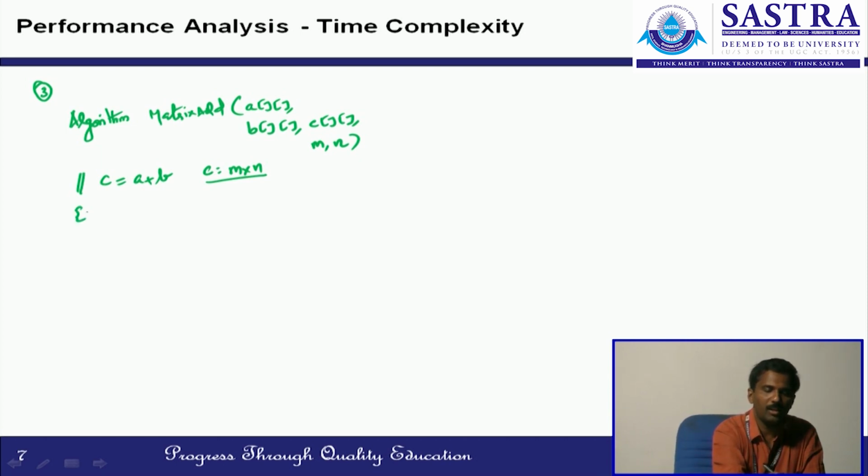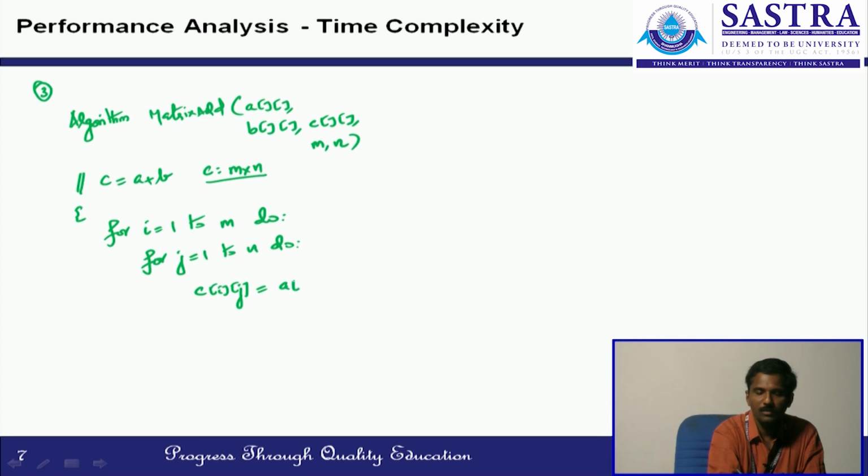So, writing the algorithm here, for i is equal to 1 to m do, then for j is equal to 1 to n do. Writing the assignment statement, Cij is equal to Aij plus Bij.